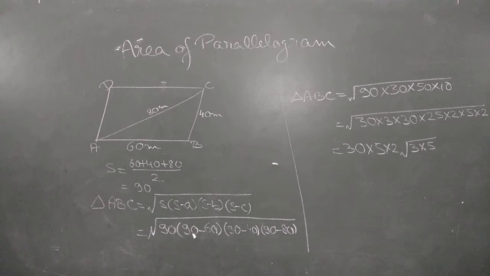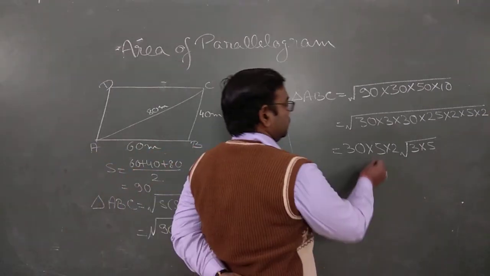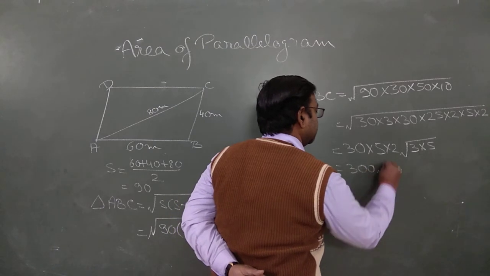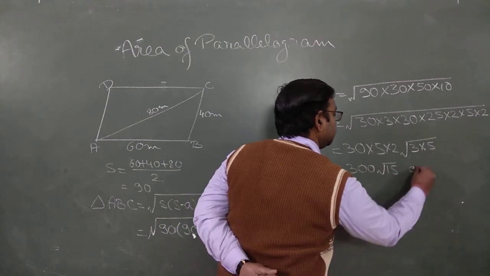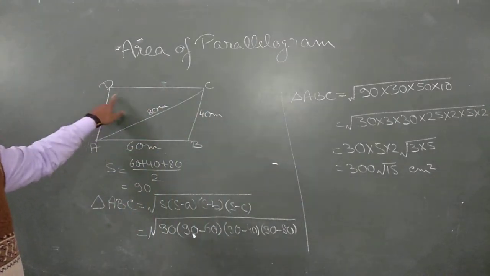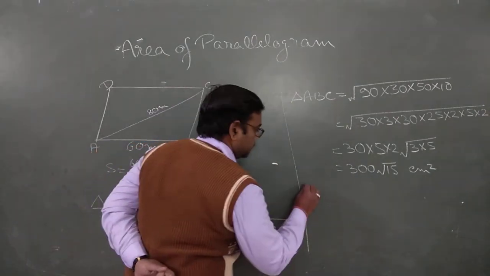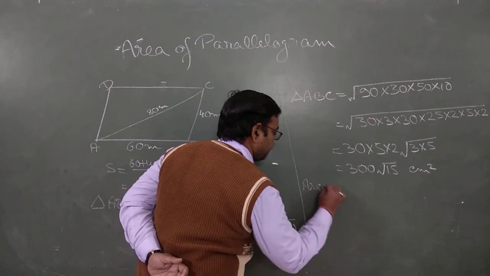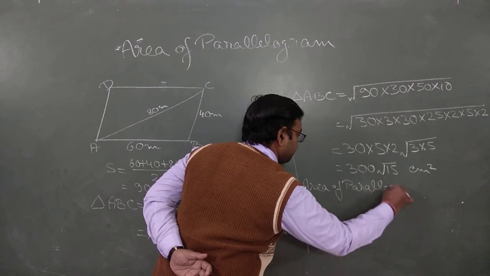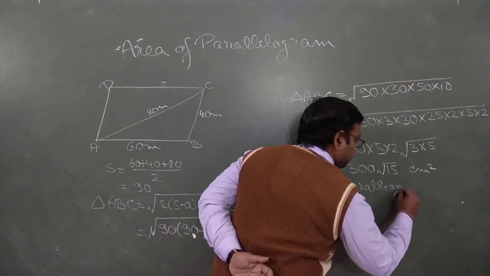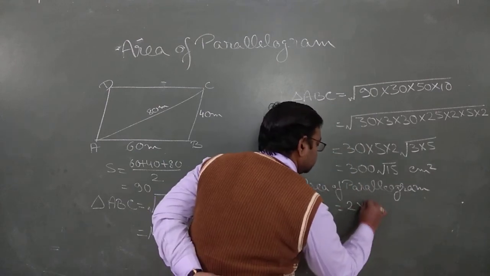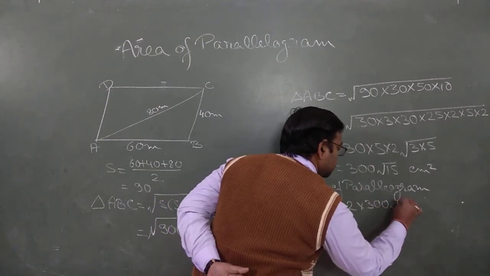Now see this case. In this case what we have? 2 5s are 10. We have 300 under root 15 centimeter square. This is the area of one of the triangle, this one. So area of parallelogram ABCD equals to 2 into 300 under root 15.